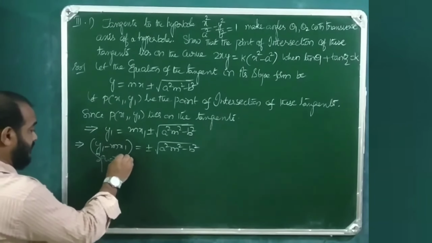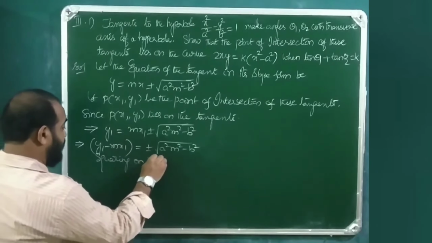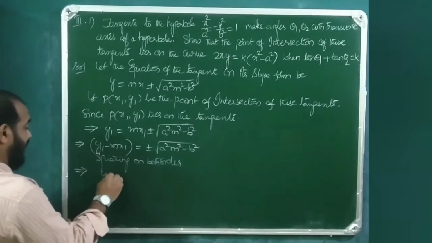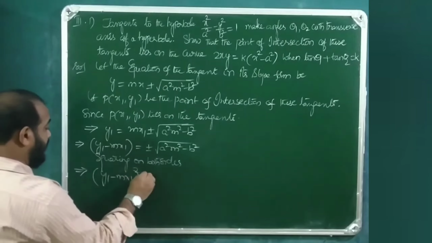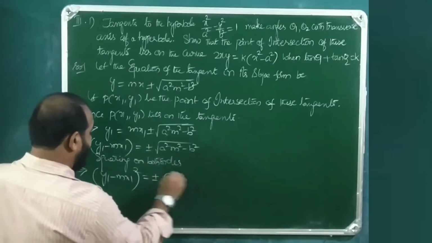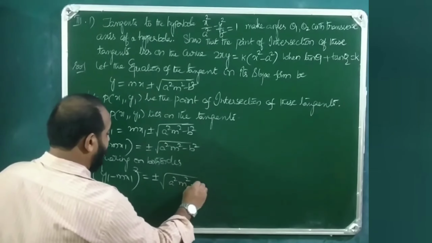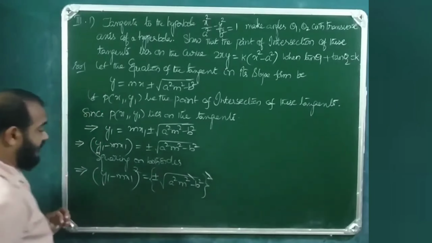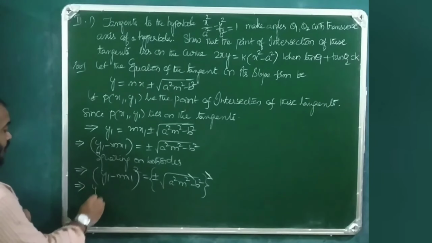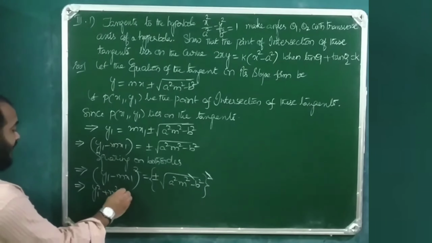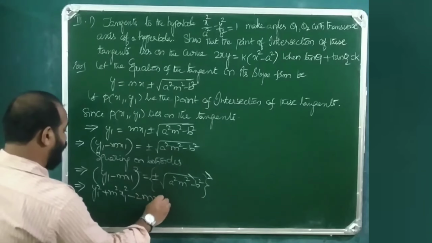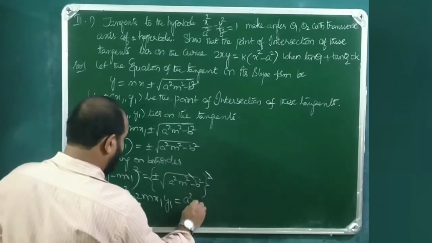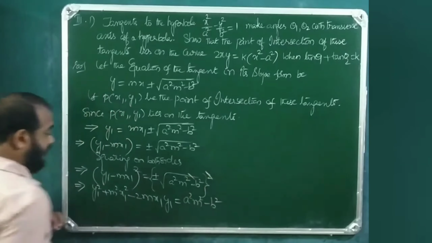Squaring on both sides, we get (y1 − mx1)² = (±√(a²m² − b²))². The square root gets cancelled. So this is y1² + m²x1² − 2mx1y1 = a²m² − b².